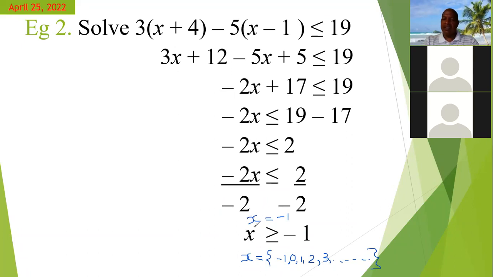But in an inequality, when we say x is greater than or equal to -1, we are saying the value for x is a value greater than -1, or a value equal to -1. So now you have to consider all the values greater than -1, and all the values including -1 because of the equal sign. Is that clear now, Mr. Lamar? Yes, sir. Okay, good.